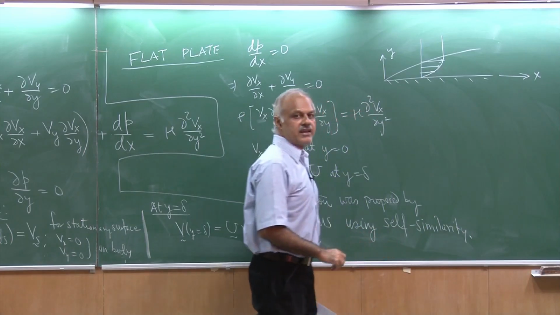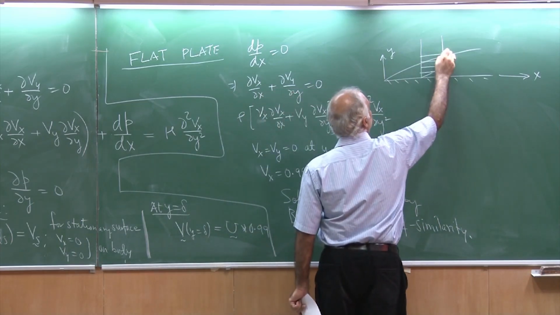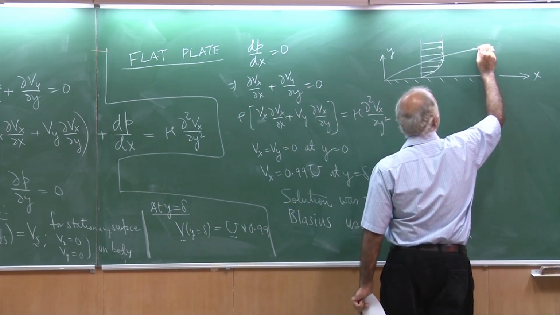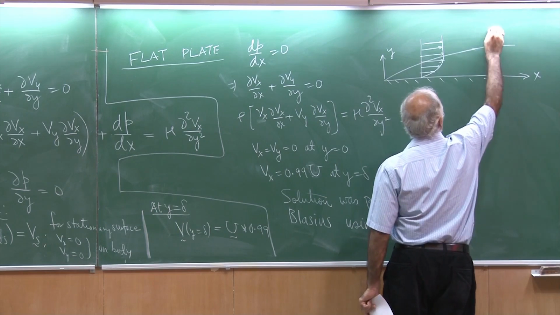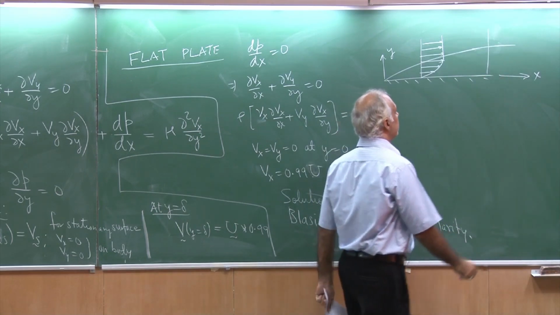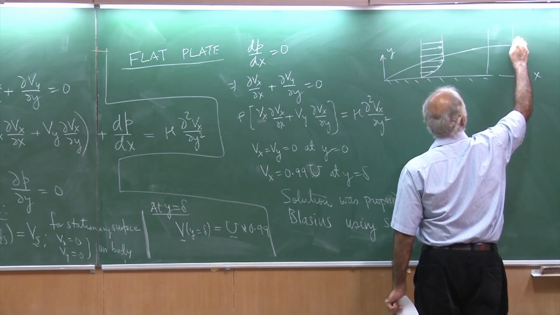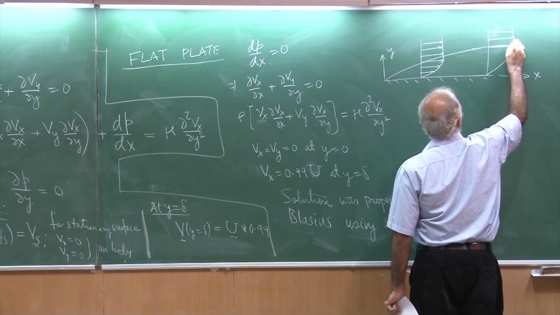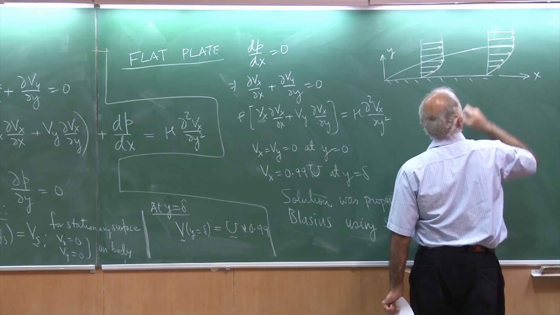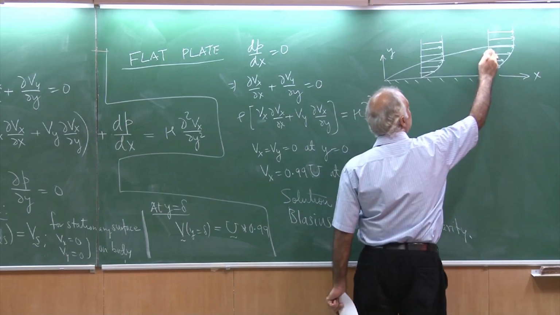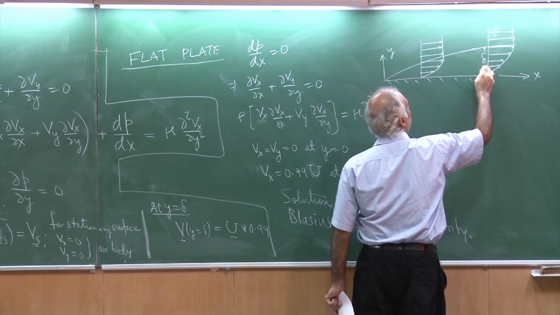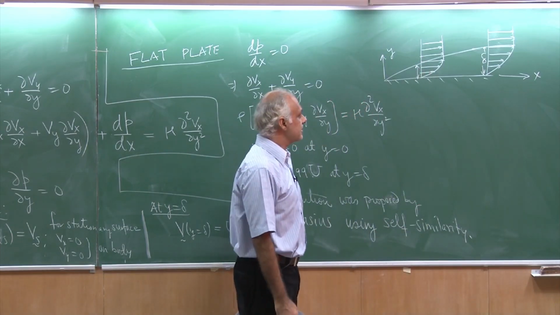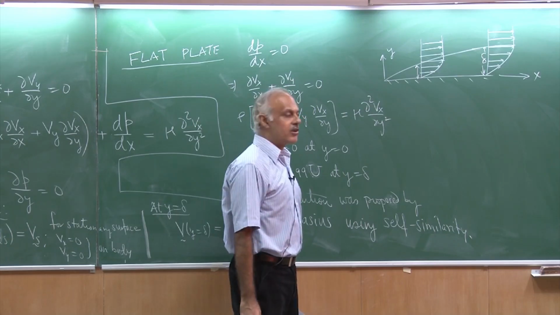So that's my boundary layer here, and of course far away it is a uniform flow. And as my boundary layer thickens, so let me draw a profile here, then I would have the same free stream, but now I have a thicker boundary layer. So this is the boundary layer thickness at this location, and this of course is the boundary layer thickness at another location. So he argued the following.